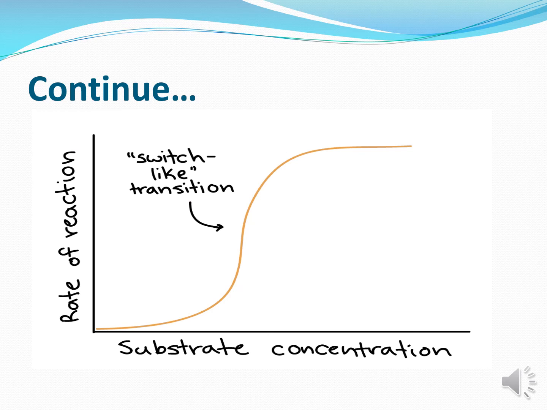So, you are seeing here the diagram of substrate concentration versus rate of reaction; it shows a switch-like transition. That will be the diagram of the switch-like transition versus substrate concentration to the rate of reaction.